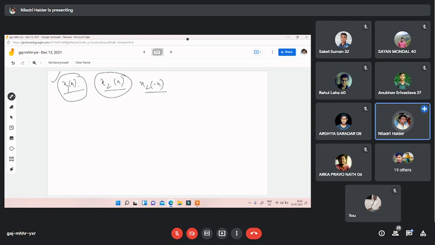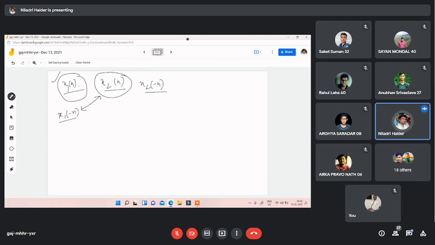If we need to understand the characteristics of x2[n], make x1[n] as x1[-n], then do the linear convolution between x1[-n] and x2[n]. You will get your cross correlated value. Clear?